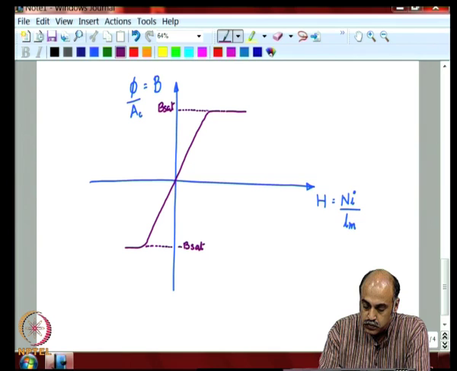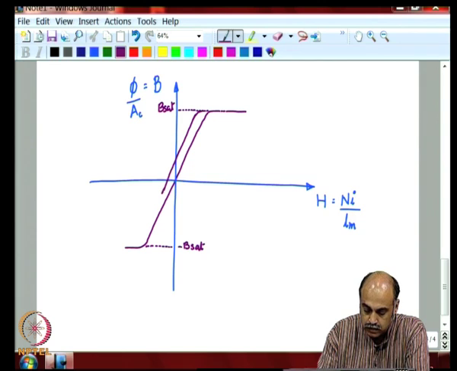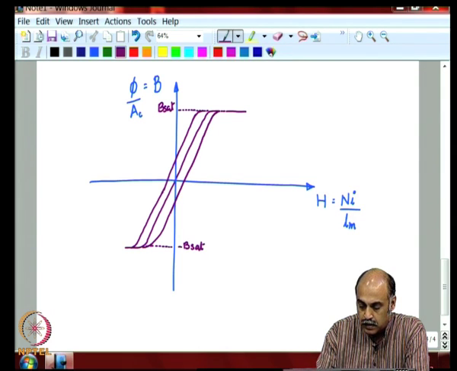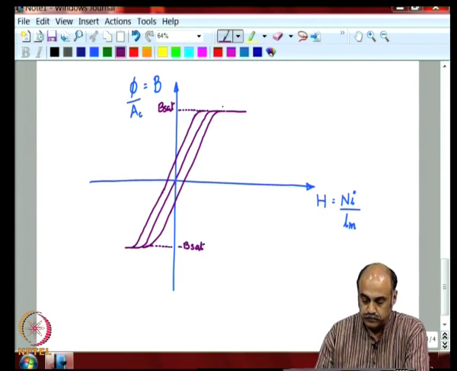Not only does it saturate, the magnetic core has memory. It demonstrates a clear-cut hysteresis curve in this manner.